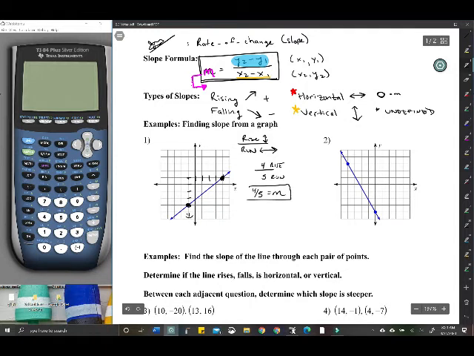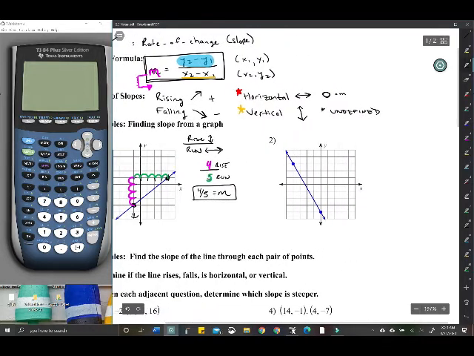That's all the slope is. So it rises 1, 2, 3, 4, and it runs 1, 2, 3, 4, 5. That's really about it. So that's an easy way to look at it from a graph.